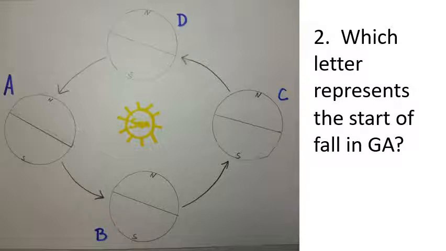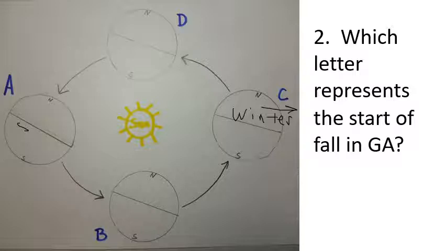Okay, which letter represents the start of fall in Georgia? Now the easiest way to do this, and this will be the same thing when you get to test and quiz, is to figure out summer and winter because they're easy. And we already said that this is winter over here because our part of the earth is tilted away from the sun.